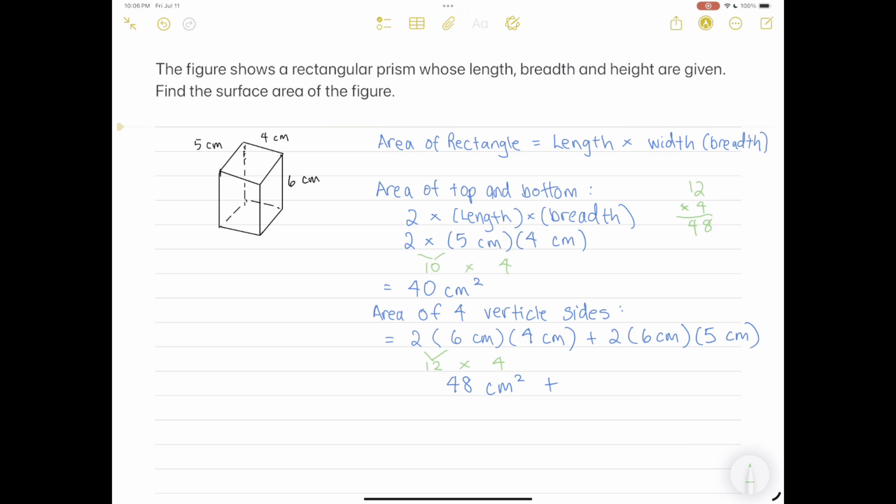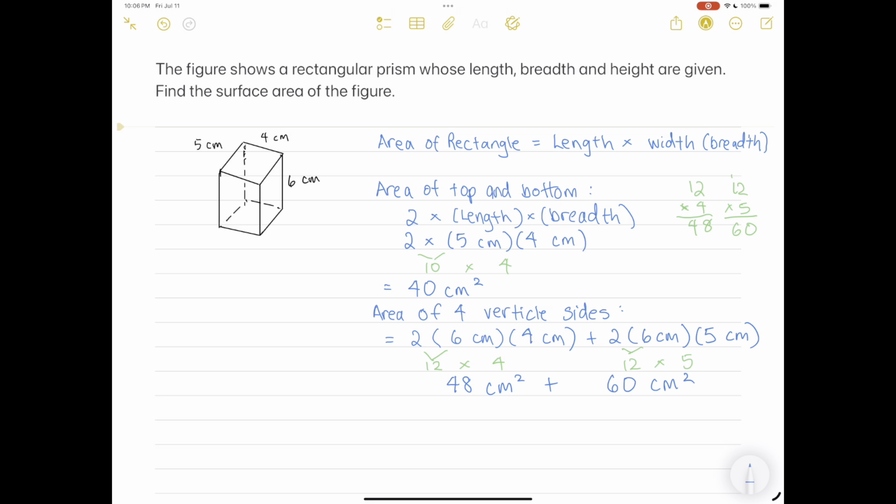And I continue the problem by including the addition sign. Next, 2 times 6 equals 12. 12 times 5, I do that calculation on the side. 12 times 5 equals 60. So I write 60 on the line below. Centimeter times centimeter is centimeter square.